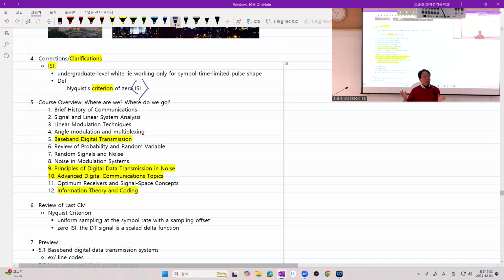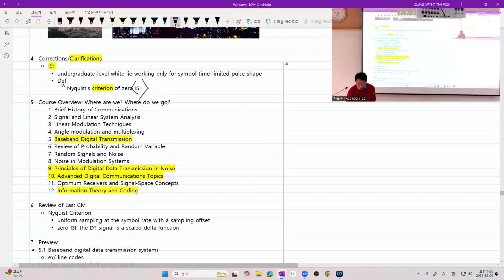So there could be many different definitions of the presence of ISI. Whenever you talk about reducing ISI or removing ISI, always first define what ISI is and what the meaning of "there is ISI" is.